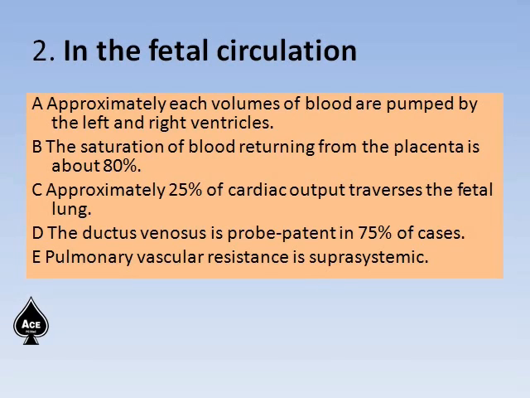Then the ductus venosus is probe patent in 75% of the cases. Then pulmonary vascular resistance is suprasystemic. So this question is mainly concentrating on your understanding of the hemodynamics of fetal circulation. So freeze the video, answer the question completely, and then play the button.